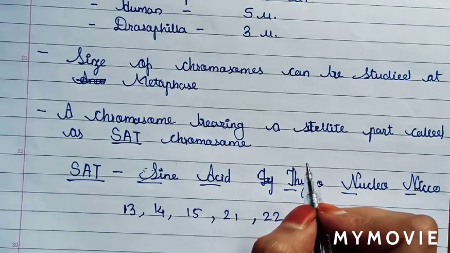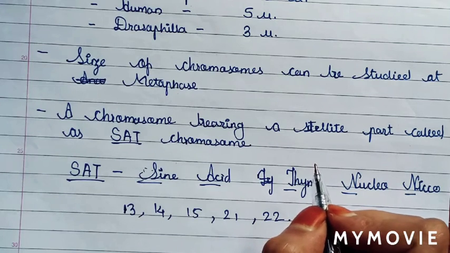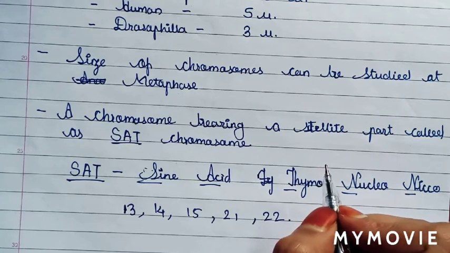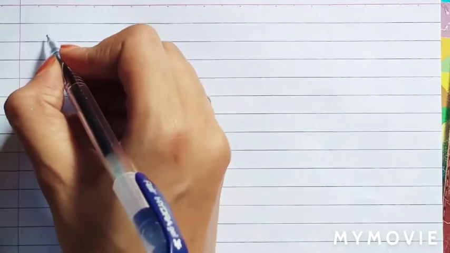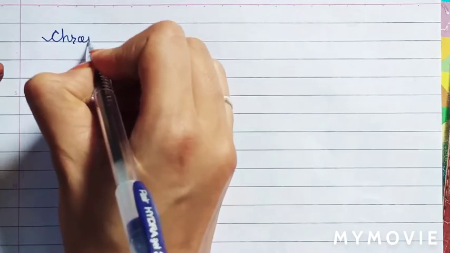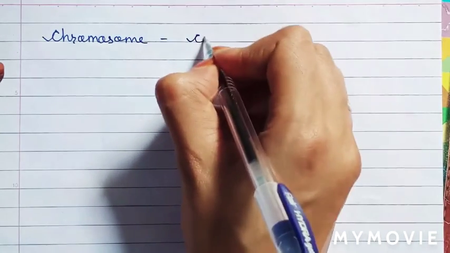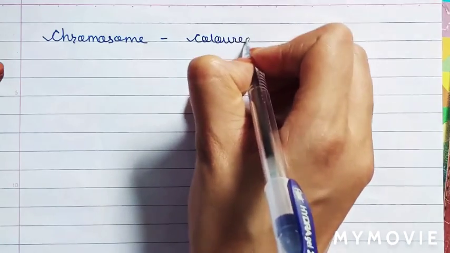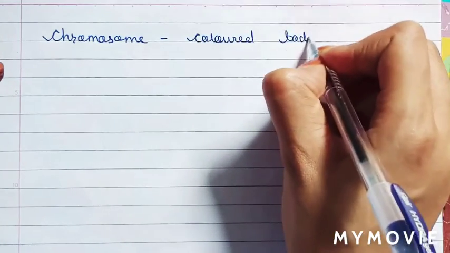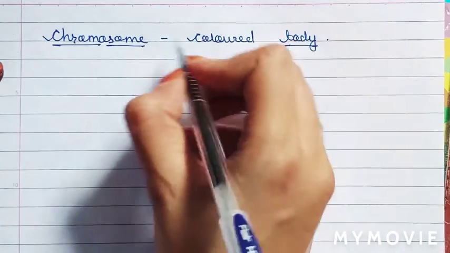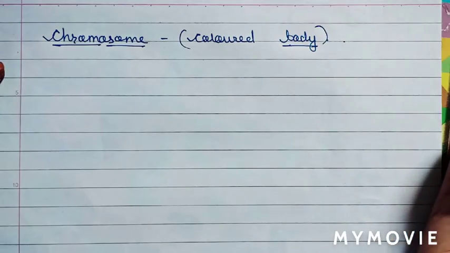So now we are going to see about two types of chromosomes, that is autosomes and sex chromosomes. First, the meaning of chromosome is a colored body. Chromo means color and some means body.